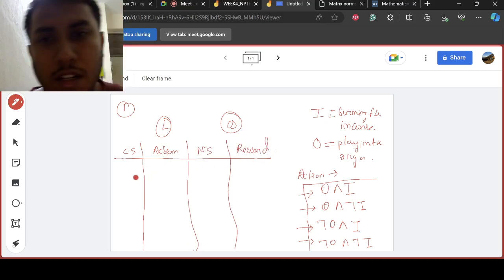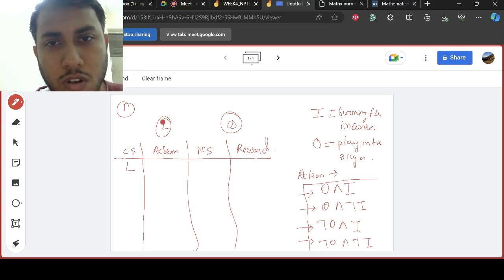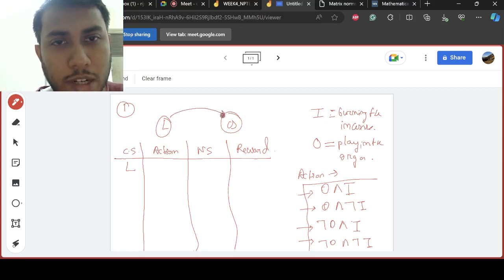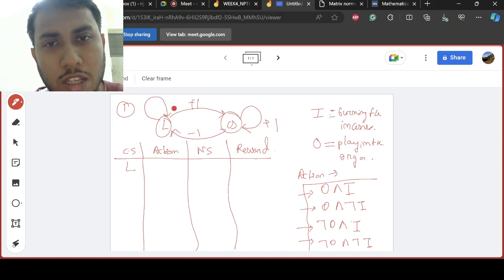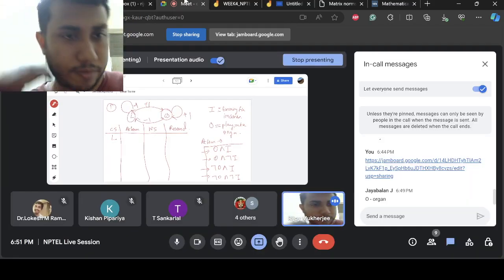So let's consider the first one. Your current state is, let's say, the laughing state. Also note, any movement from here to here is +1, any movement from here to here is +1, any movement from here to here is -1, and any movement from here to here is -1, given the definitions.